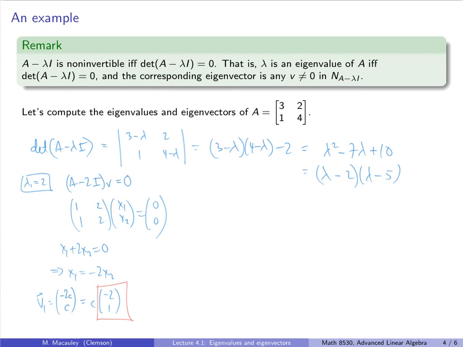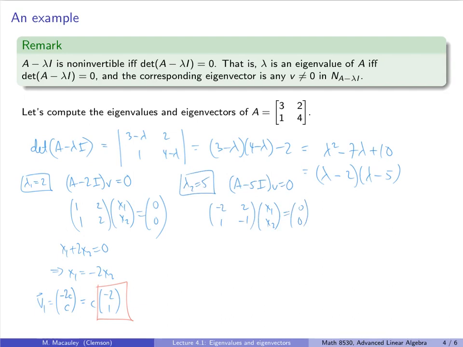Let's do the same thing for lambda equals 5 now. So lambda_2 equals 5. Now we write A minus 5I times v equals 0. So that is now [negative 2, 2; 1, negative 1] times [x1, x2] equals [0, 0].